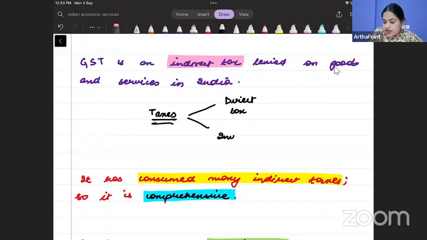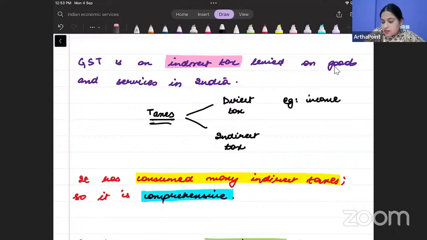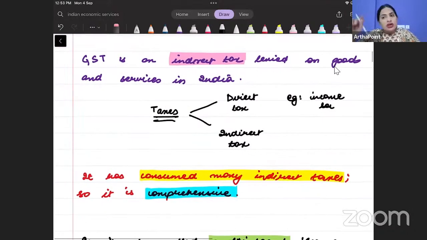One is called as indirect tax. डायरेक्ट टैक्स कौन सा होता है? वो टैक्स जो हम डायरेक्टली चार्ज करते हैं, मतलब जैसे फॉर एग्जाम्पल इनकम टैक्स. You earn income and you pay tax on income. That's a direct tax. है ना? So direct tax is basically the tax which is charged on the same person.